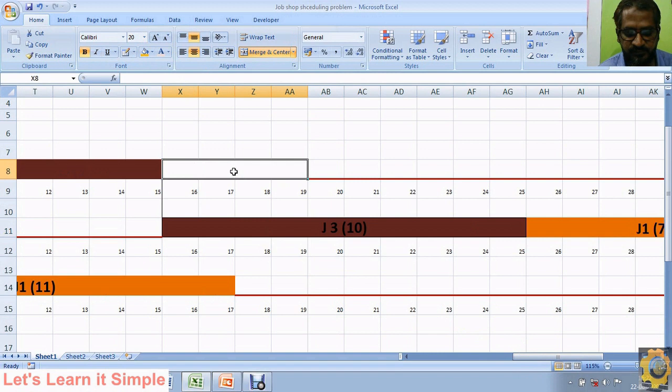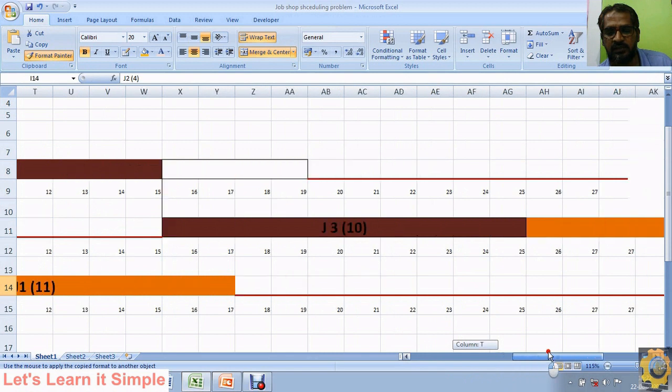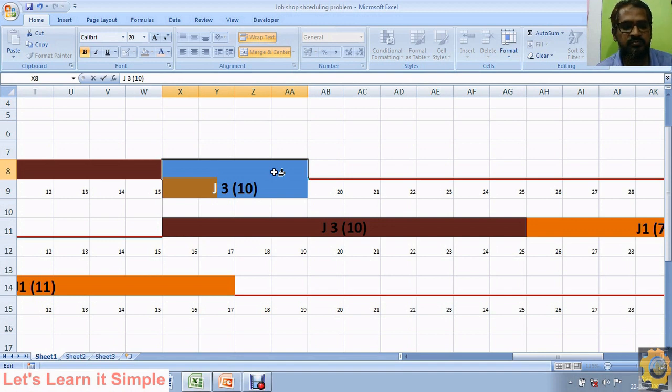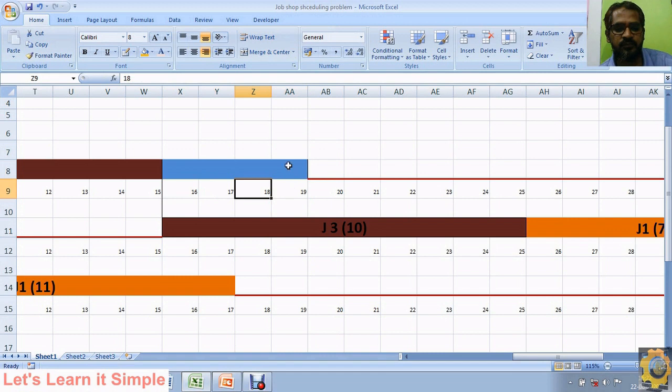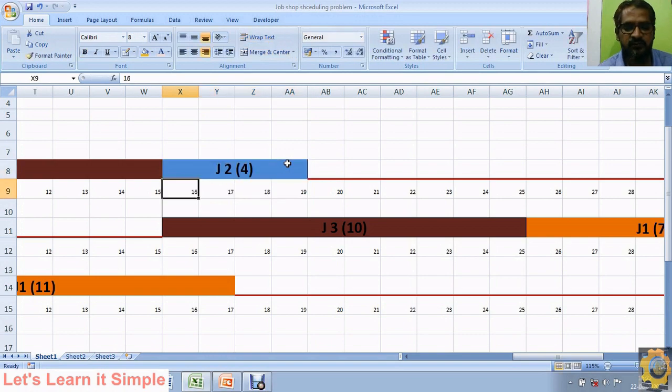So 15 plus 4, it is 19, and its color is this one, blue color, and you can fix it over here. So that is job 2 on machine 1 with the processing time of 4.